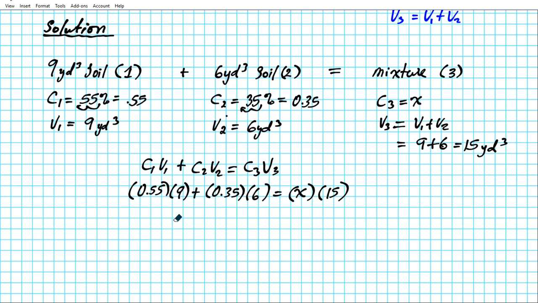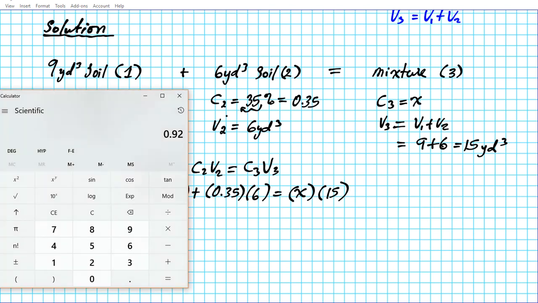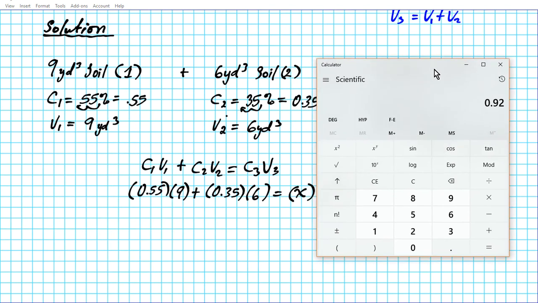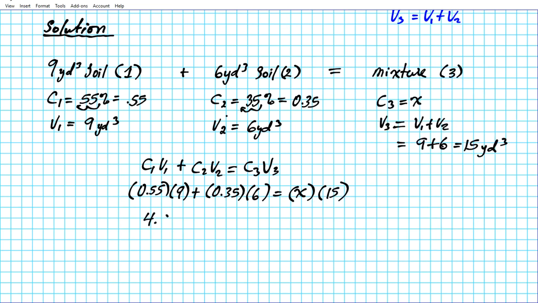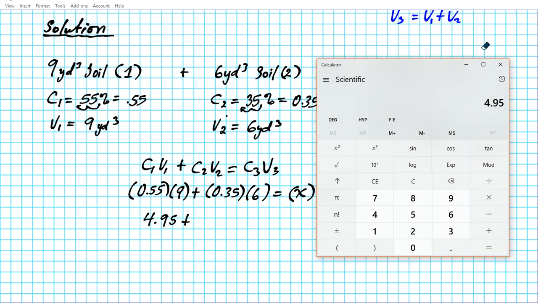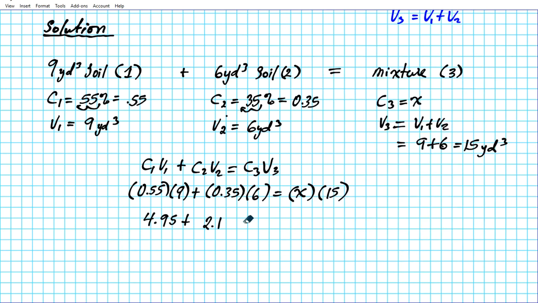Okay, so we can use our calculators to carry out these multiplications. 9 times 0.55 is 4.95. So we have 4.95 plus 0.35 times 6, which is 2.1, equal to 15x.